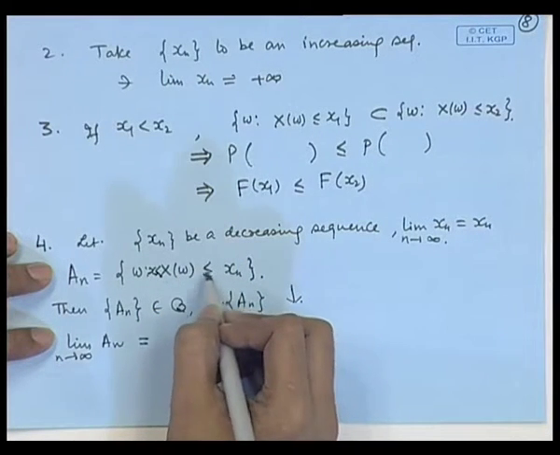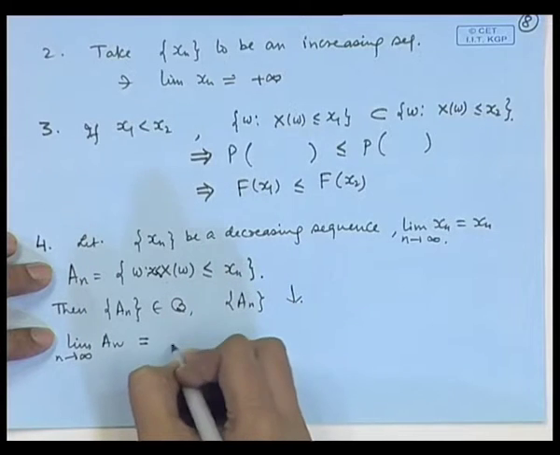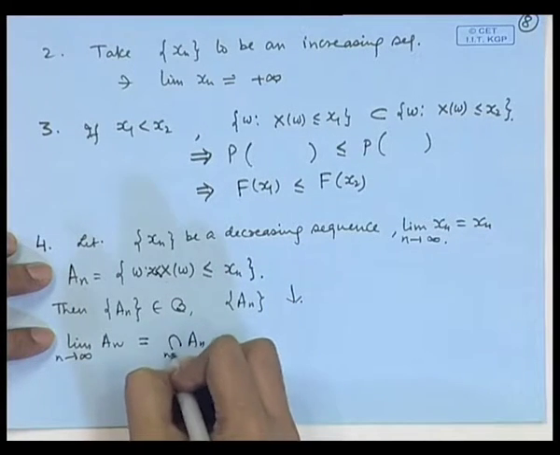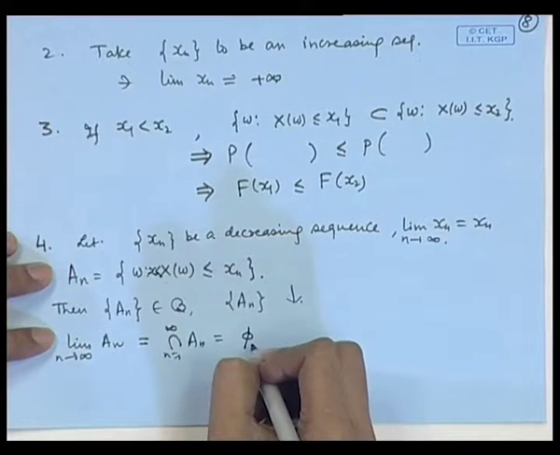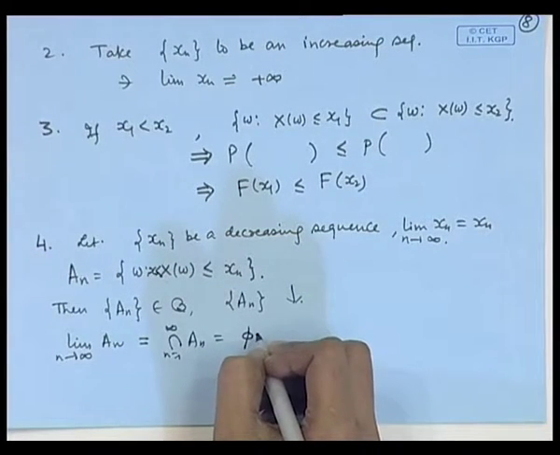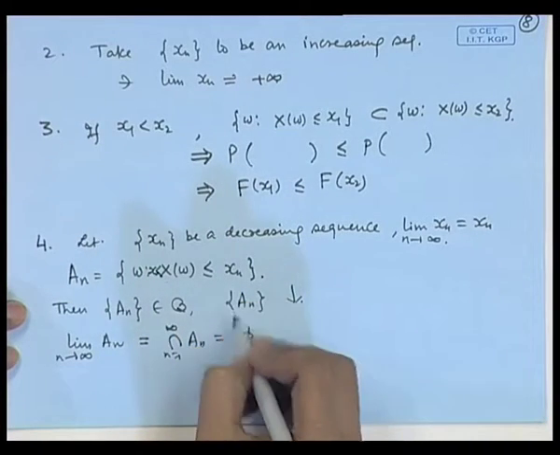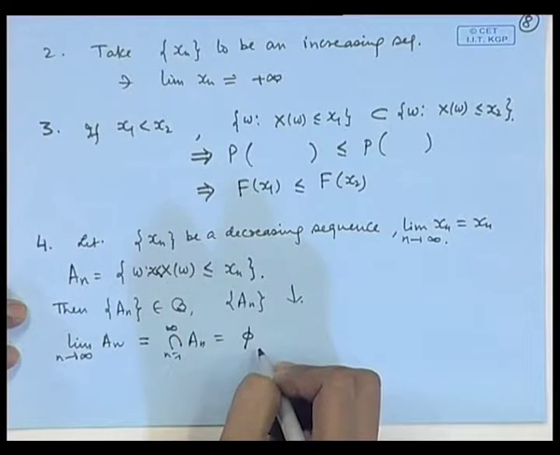So, if I take the limit here, this is going to be an empty set, that is intersection of A_n for n equal to 1 to infinity is an empty set, because if I consider any point, x is not included in any of them, therefore, it cannot be included in the intersection.